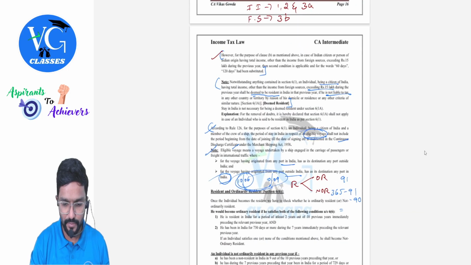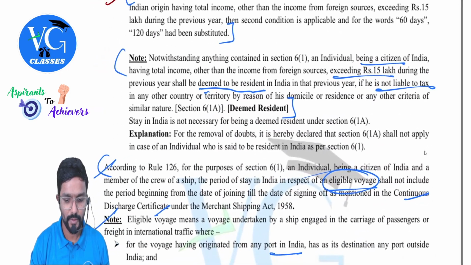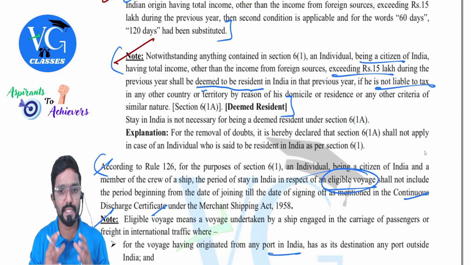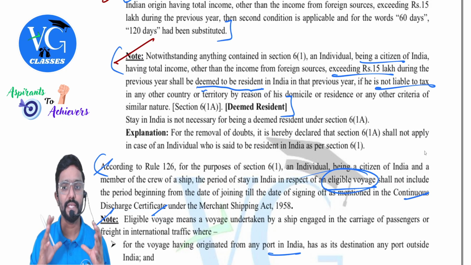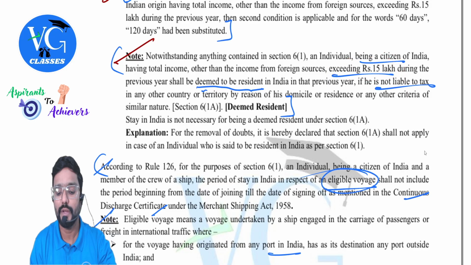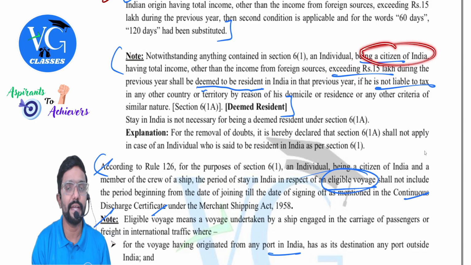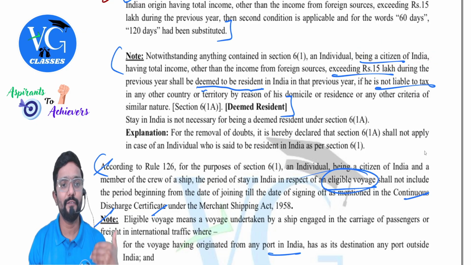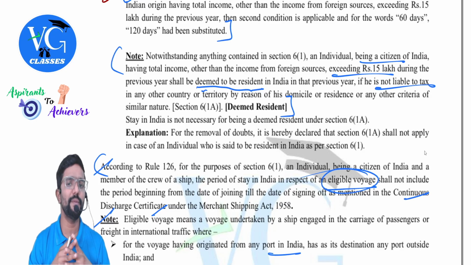Correct? Let us see. You can see the deemed resident point is given here in the note. Okay, now I will just read it quickly. Notwithstanding anything contained in section 6, subsection 1, an individual being a citizen of India having a total income, other than the income from foreign sources, exceeding 15 lakh during the previous year shall be deemed to be resident in India in that previous year, if he is not liable to tax in any other country or territory by reason of his domicile.